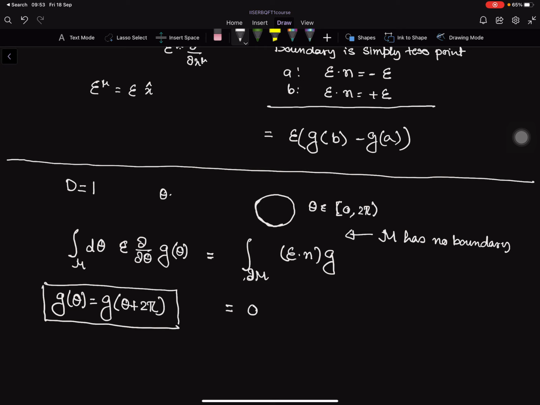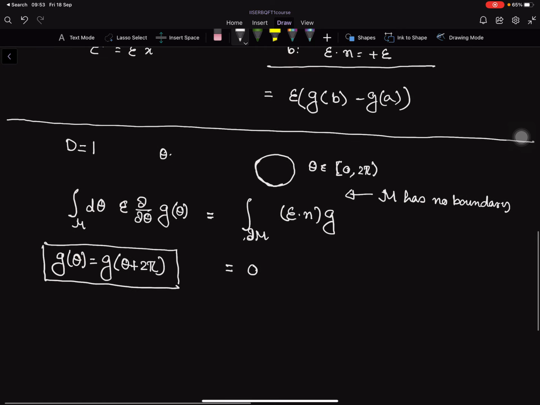Again, you know this because of a very simple case. Let's say you take g of theta to be exponential of i n theta, where n is an integer. This n being an integer is important.